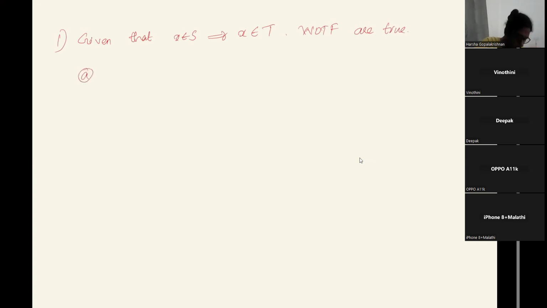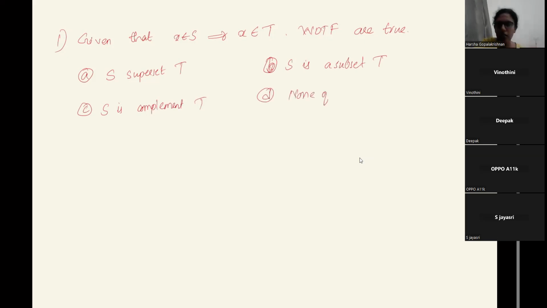First option is S is a superset of T. Second option is S is a subset of T. Third, S is the complement of T. And none of these. This is one of the very basic questions.